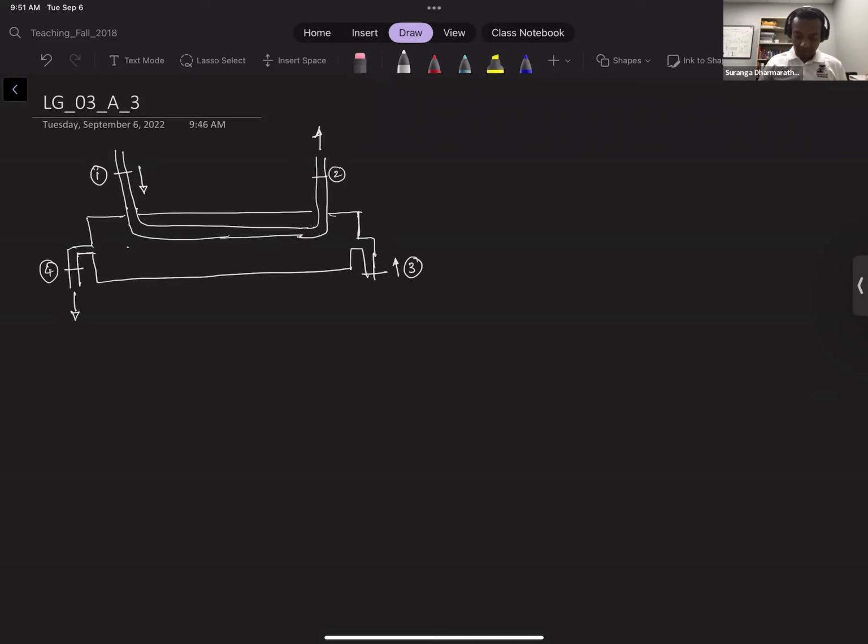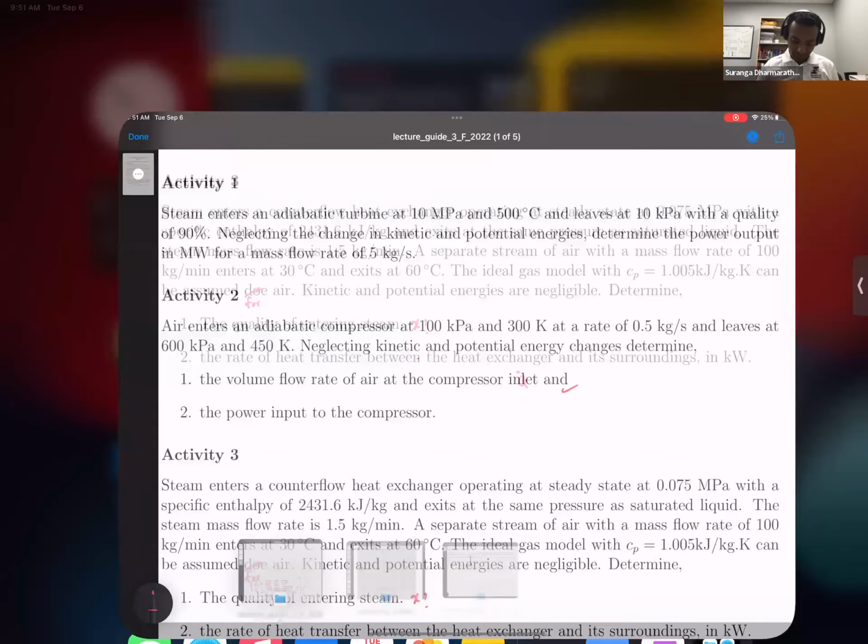So this is the airstream, this is steam, and P1 is 0.075 megapascal, and H1 is given in the problem.